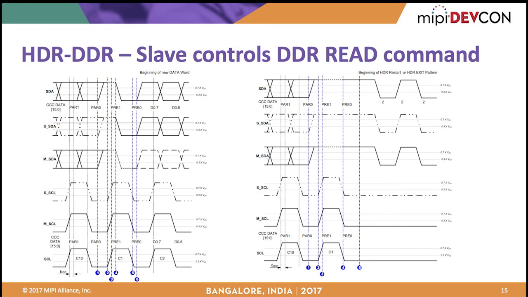Here, it's a show of how this works when the slave wants or doesn't want to continue the DDR. On your left-hand side, you have whenever the slave wants to go, and as you can see, on that one, the preamble bits 1 and 0 are 1, 0. Consequently, because the slave is actually pulling down the SDA line, it was signaling that it is a 0.